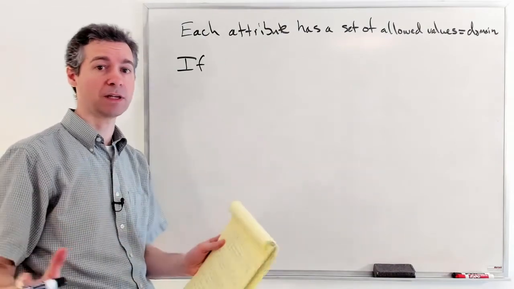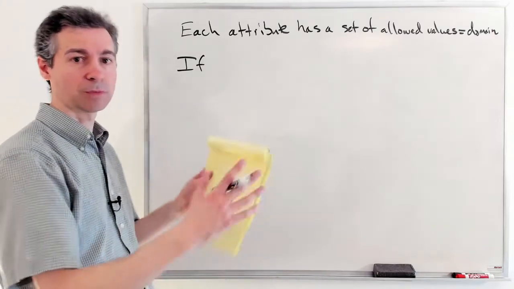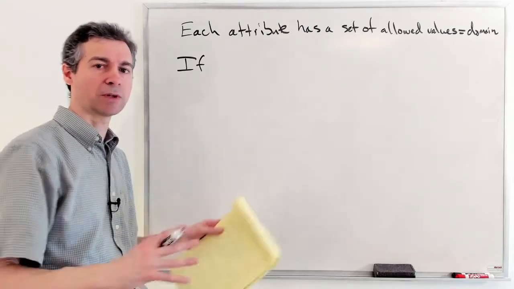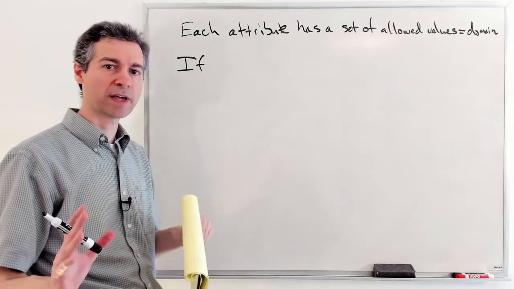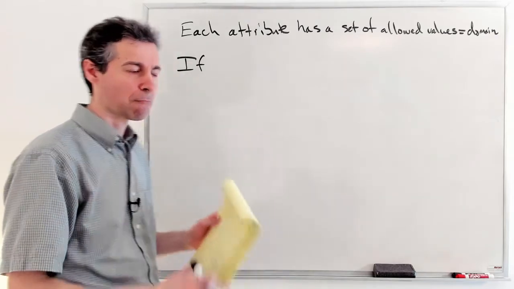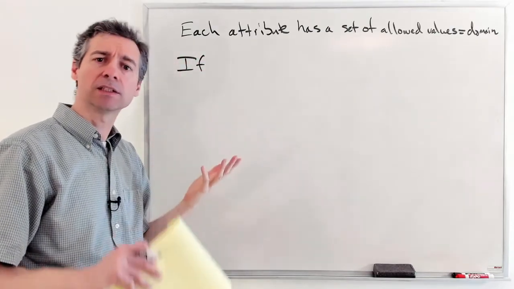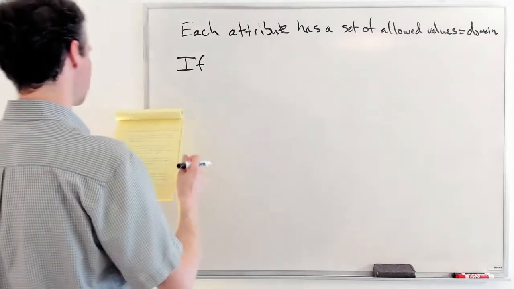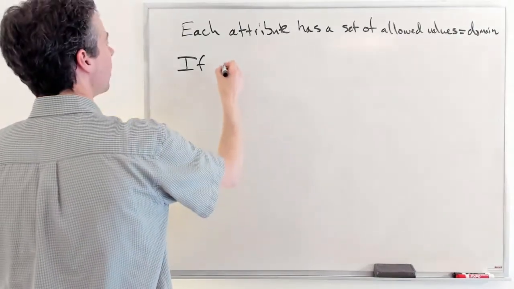One is about data, one is about a series of actions that either all happen or they don't happen. We talk about transactions as being atomic. Now we're going to talk about an attribute: is it an atomic attribute or not? Just because we're using the same word doesn't mean we're talking about the same thing.